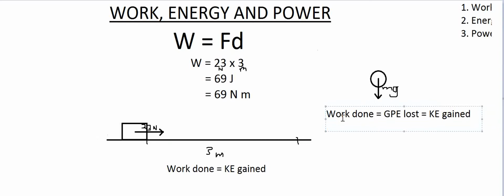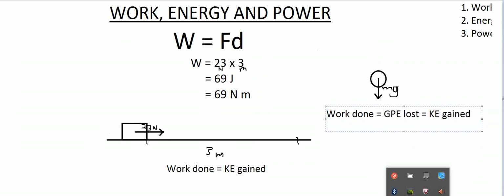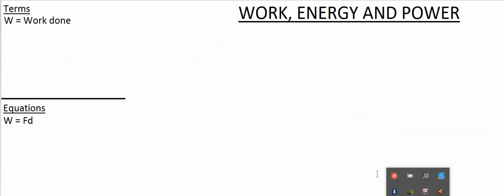So now let's move on to energy. Here I've added the terms and equations. Take note, I'm only adding the new terms and equations and not the old ones, otherwise there'll be too many.